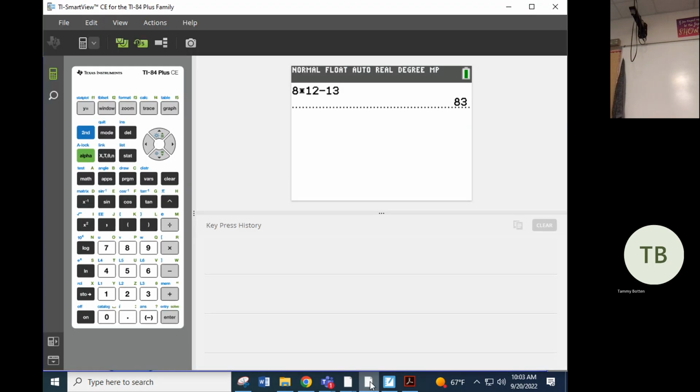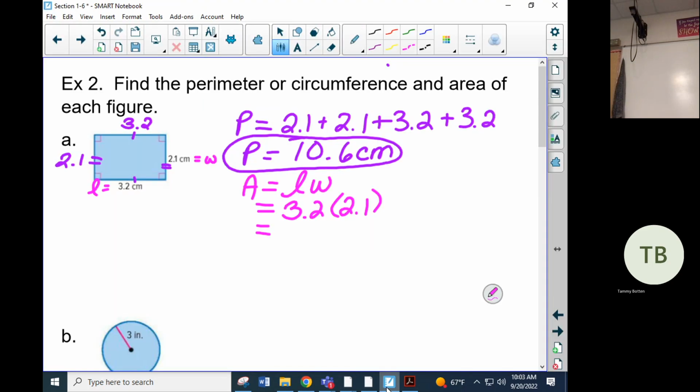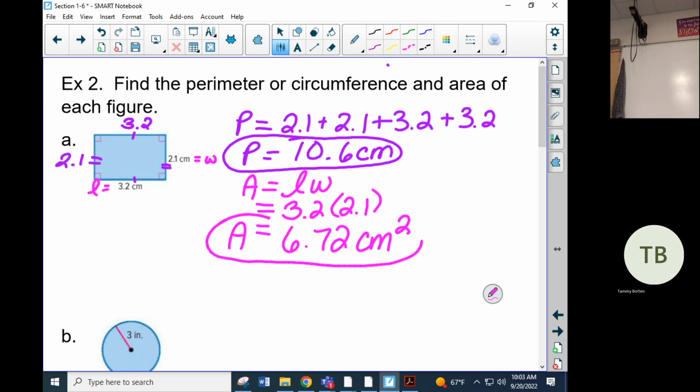If I get my calculator, what were those two again? 3.2 times 2.1, thank you. And that would be 6.72. Now, area is going to have squared dimensions. So this is going to be centimeters squared. Perimeter and circumference are not squared. Area is going to be squared.